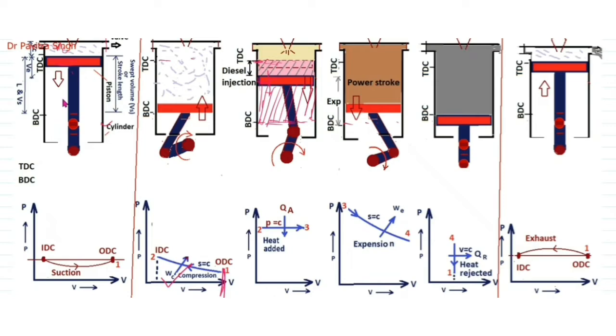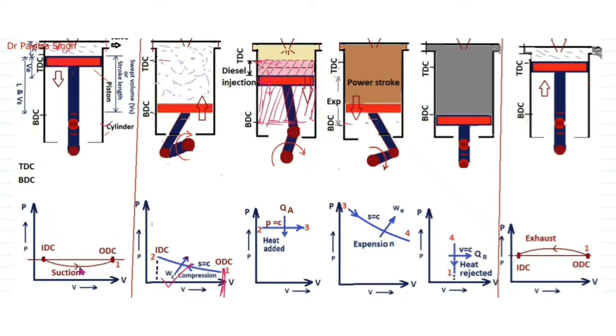From the first figure we can see this piston is moving from TDC to BDC, and the inlet valve is open, the outlet is closed. So during this stroke the volume of this cylinder will be increased. You can see here volume is increasing and pressure will be decreased.